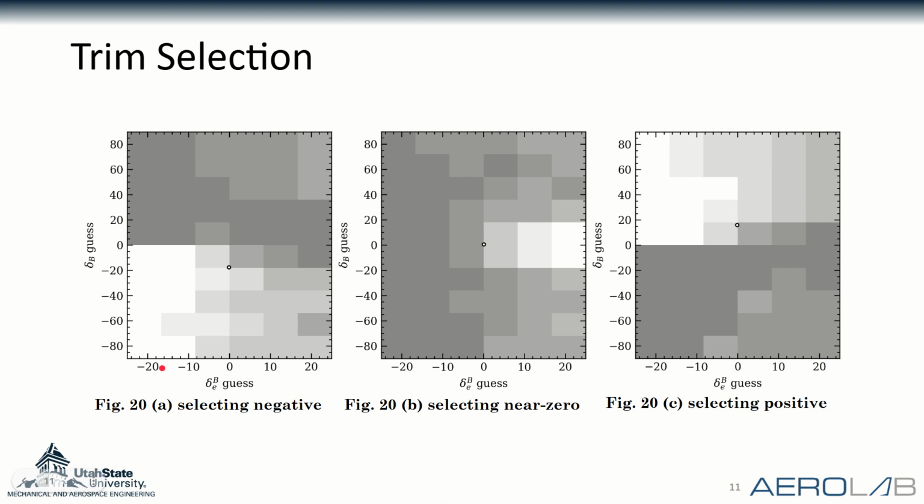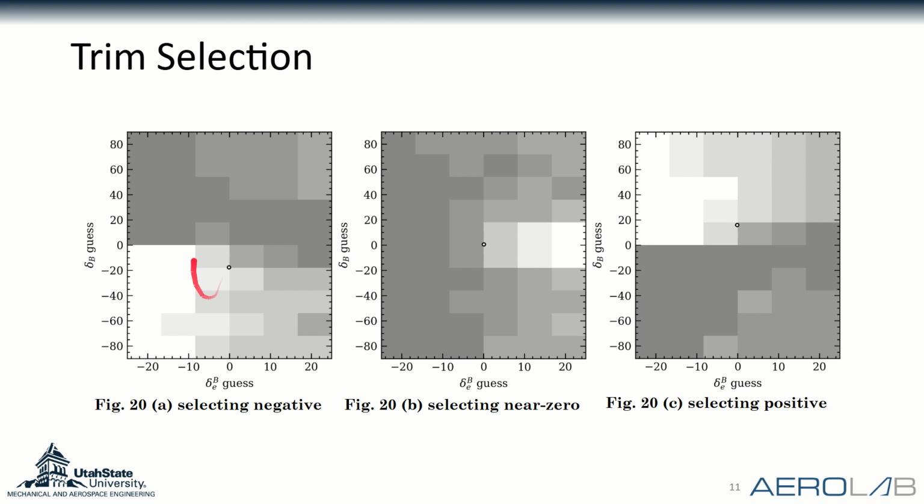Something to note is that the more white a box in the plot is, the more it indicates that all or almost all of the trim solutions that started in that box resulted in the plotted trim solution. The gray or darker gray boxes indicate that all or almost all trim solutions that started in that box did not result in the plotted trim solution.